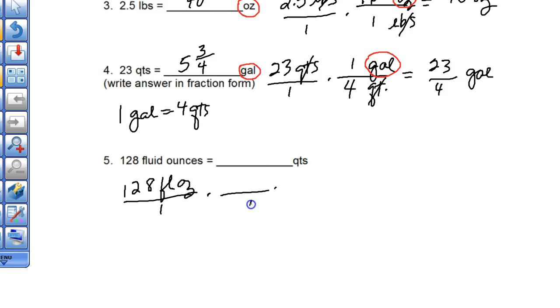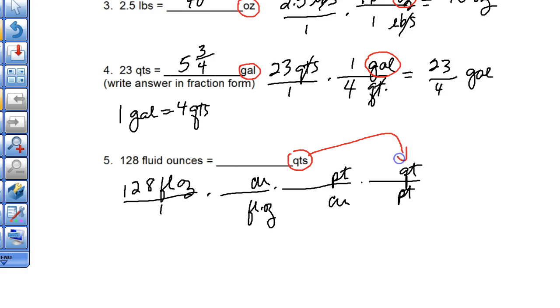I'm going to multiply by ounces over cups, because you can convert fluid ounces into cups. Cups I convert into pints. I still don't have quarts. Pints, I can end up with quarts. So I continue to convert until I end up with the unit that I want.